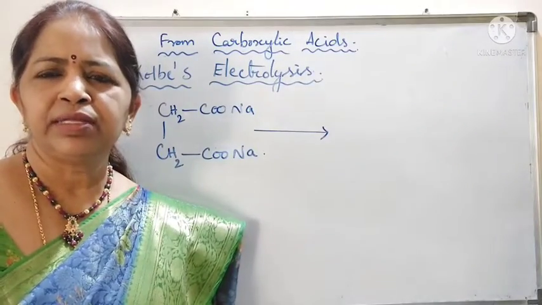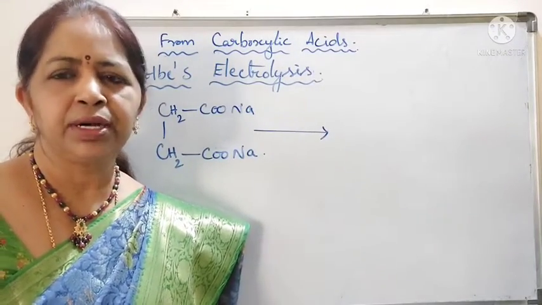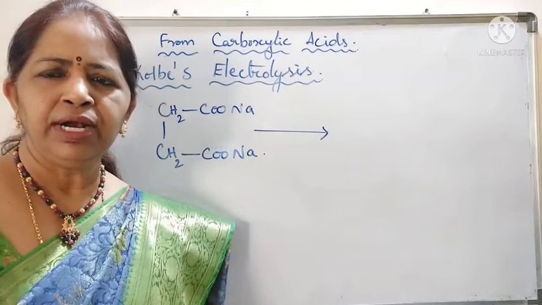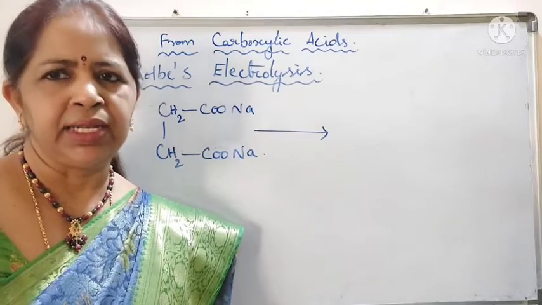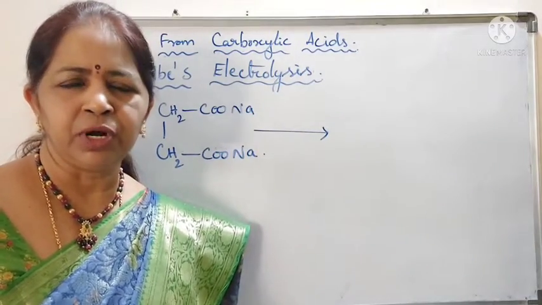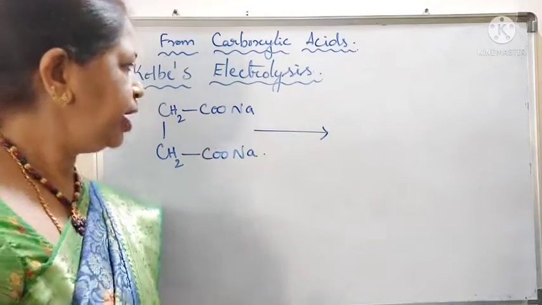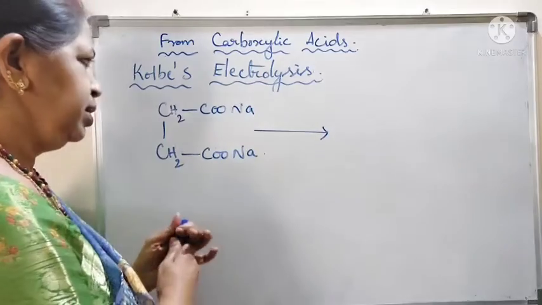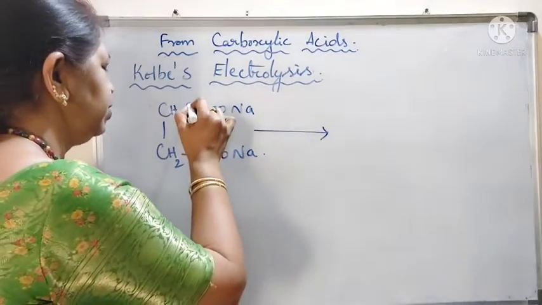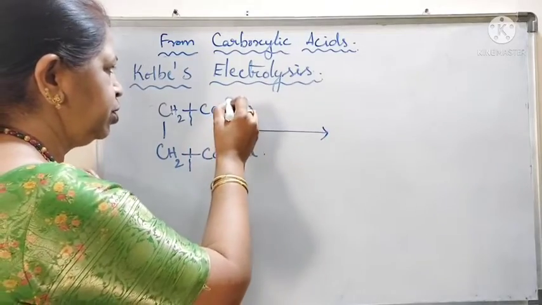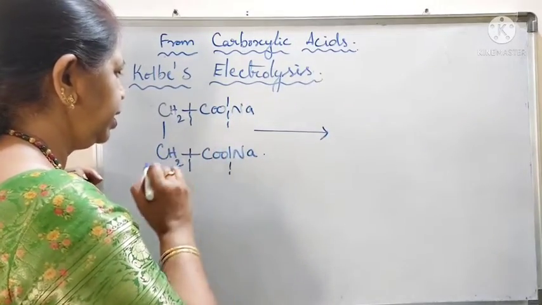By Kolbe's electrolysis, we can prepare alkenes and alkynes also. Okay, students, now let us see the preparation of alkenes. For the preparation of alkenes, we have to take a dicarboxylic acid, the sodium salt of a dicarboxylic acid. The reaction is the same. It will break in between carbon and carboxylic acid group here and here.